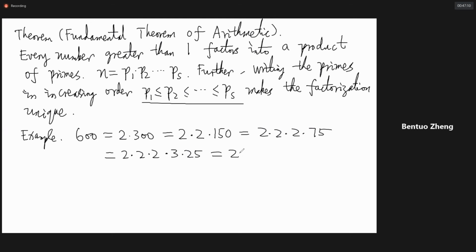And then you get 5 times 5. So this one is, of course, P1, P2, P3, P4, P5, P6. Of course, this is in increasing order, so this factorization is unique.